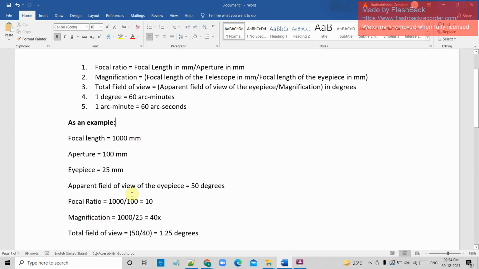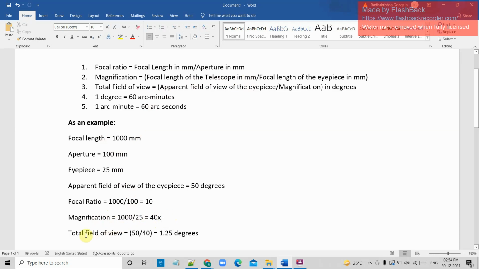Magnification is nothing but the focal length of the telescope in millimeter divided by the focal length of the eyepiece, which is 1000 by 25, which comes to 40x. Meaning the magnification that the telescope can attain is 40x when the eyepiece of 25 mm is used.